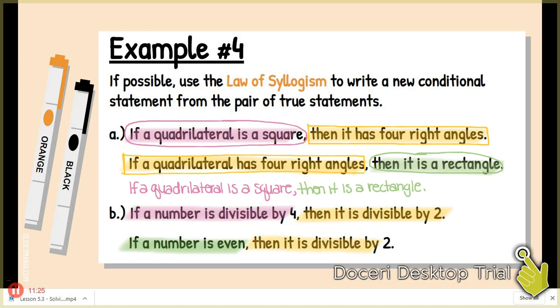So since the hypothesis of my new statement did not match the conclusion of the first one, I cannot make a statement based on the law of syllogism. So I can't generate a new statement based on this.